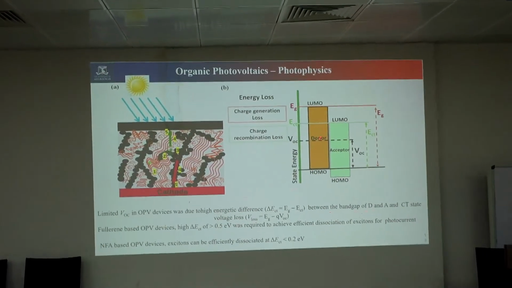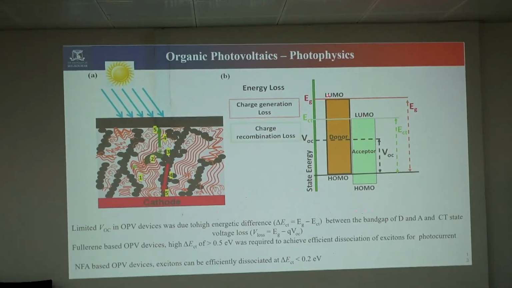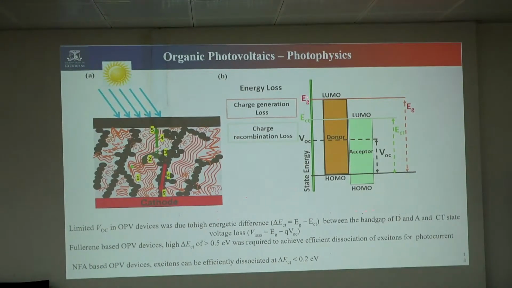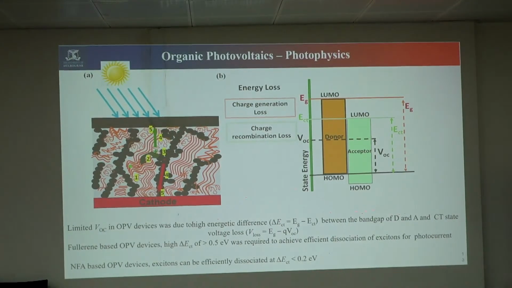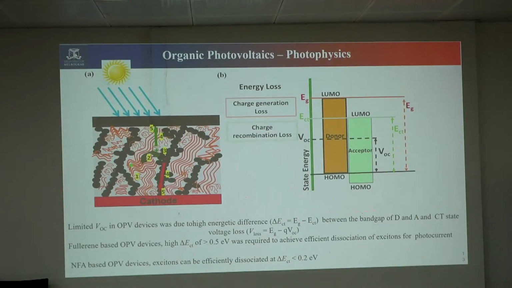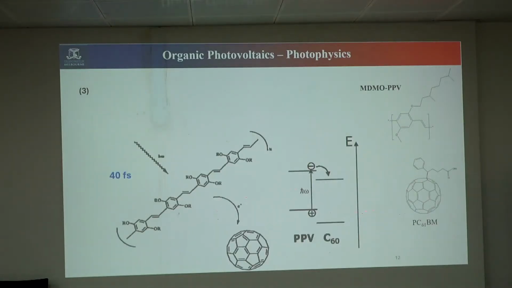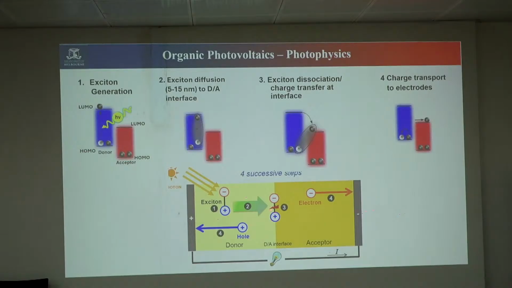In this band gap, we lose some energy to charge generation: from band gap to charge transfer state, we lose Eg minus ECT to generate charges. After generating charges, they must move through the acceptor or donor phase. During travel inside the acceptor phase, an electron can encounter another hole and recombine.